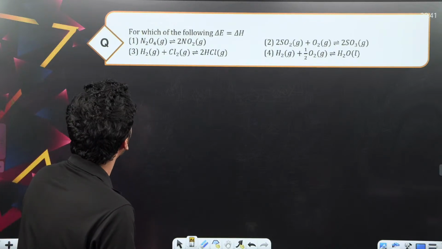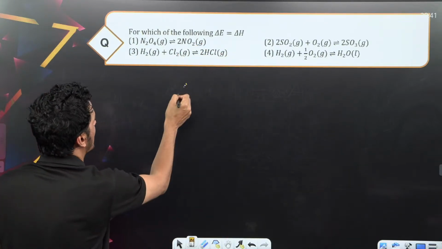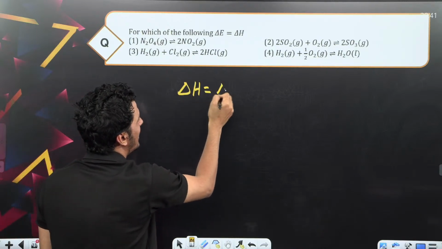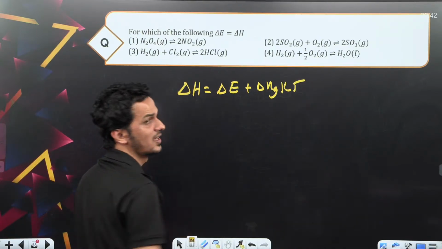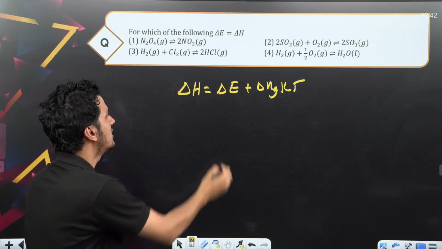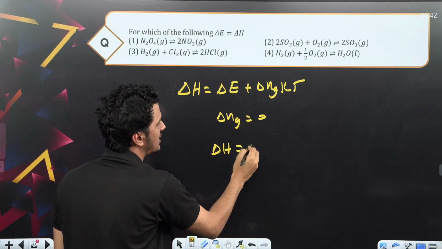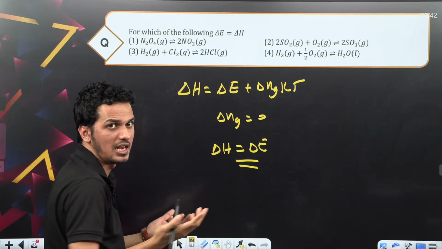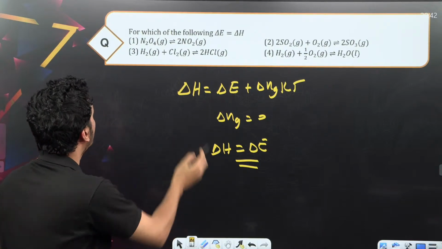This is the next question. In which of the following is delta E equal to delta H? We know the equation, delta H equal to delta E plus delta NgRT. When both will be equal, at delta Ng equal to 0, delta H equal to delta E. So we can look at in which case delta Ng is 0.